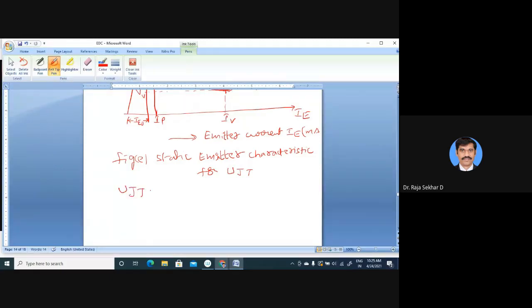Now UJT applications. So what is the first application? To trigger SCR, we are using UJT. We will study what is SCR in the next class.